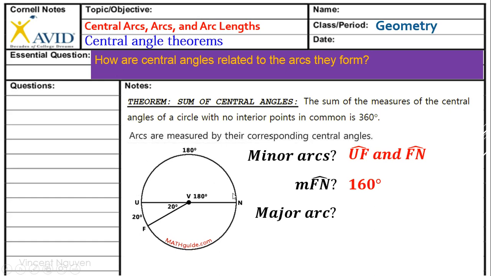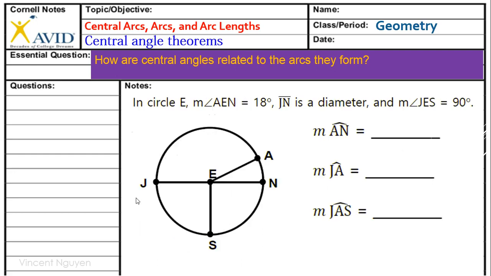And then I could name another one: F, N, U. If I go F and then counterclockwise all the way to U, I can name F, N, U, another major arc. So those are my two major arcs. I think I misspelled arcs. I was supposed to have an S there, because we can name two of them.